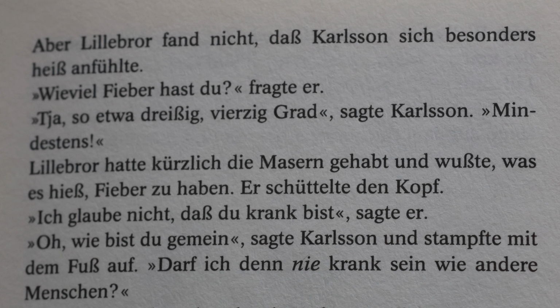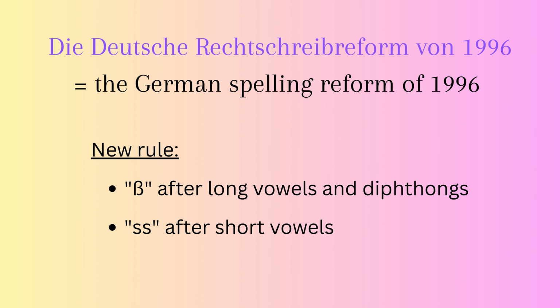And if you come across a book or a text where you see the dass with an SZ, then it might be a very old book, or not that old, because we had a big change in spelling in 1996. The Rechtschreibreform changed, and they came up with the idea that every word that has a short vowel has a double S instead of the SZ, and all the words with a long vowel have an SZ after the long vowel.